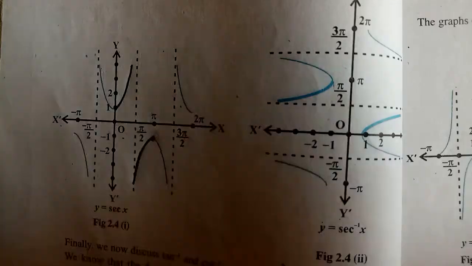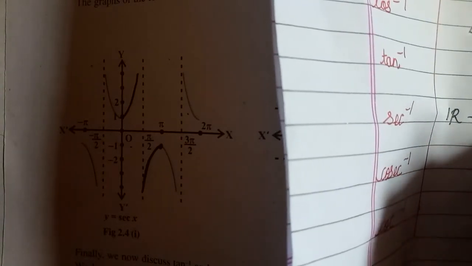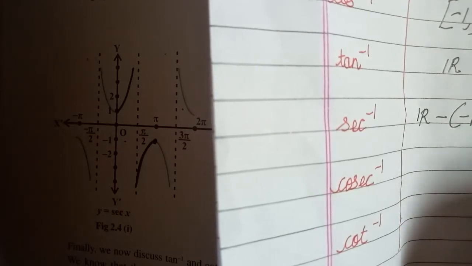So I will define it here. Sec inverse is from R minus the open interval minus 1 to 1. Why open interval? Because minus 1 and 1 are not included. And my range will be 0 to pi, removing pi by 2.